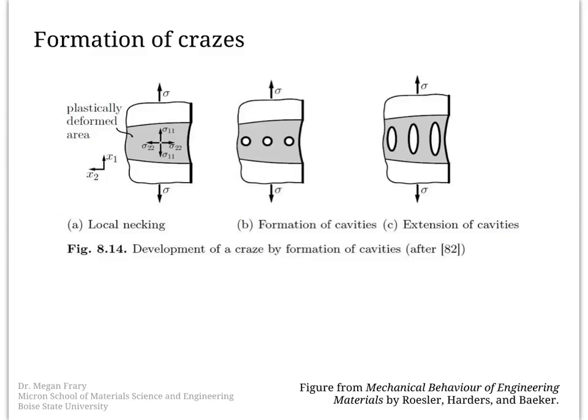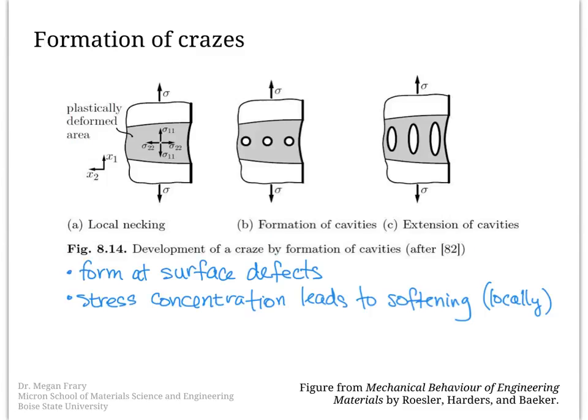So crazes typically form at surface defects, such as scratches or impurities. Because of these stress concentrations, the material will soften slightly just at that point. As a result of this stress concentration and the softening, plastic deformation will occur around that area.